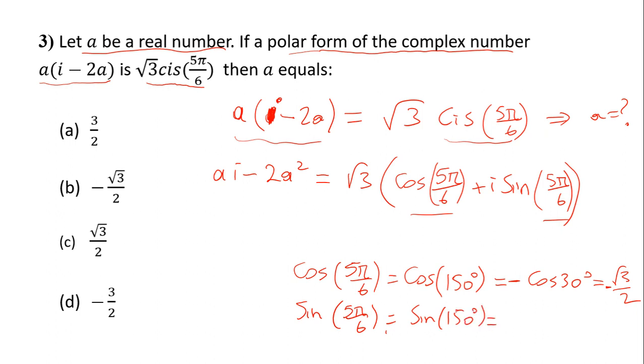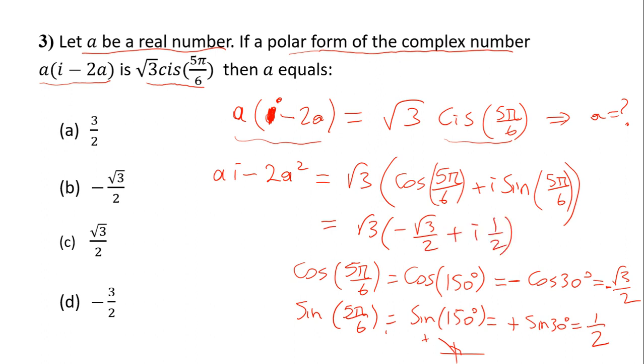And then sine is positive in the second quadrant. So then we will say sine 30, which is equal to 1 over 2. And then let's put these values here. And then we have negative square root 3 over 2 plus i times 1 over 2.